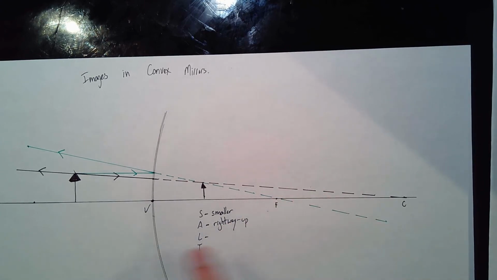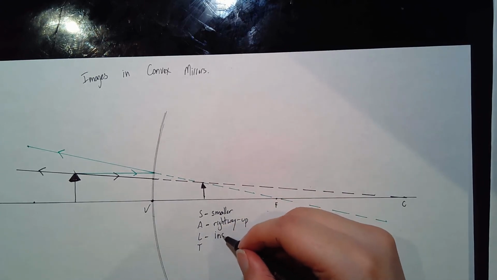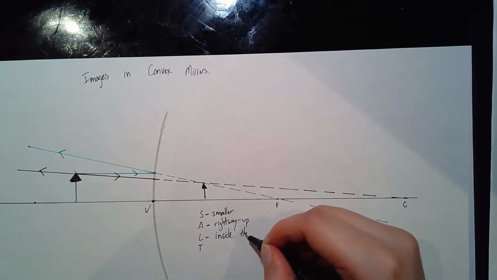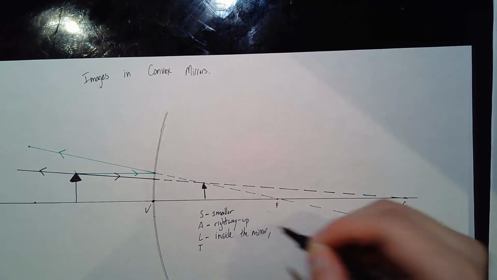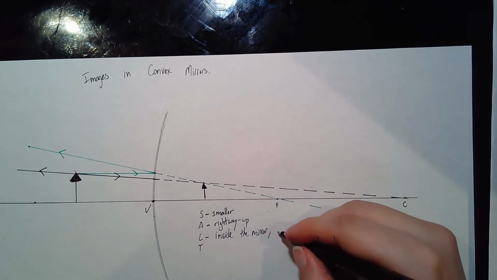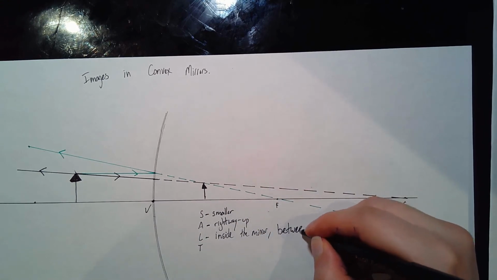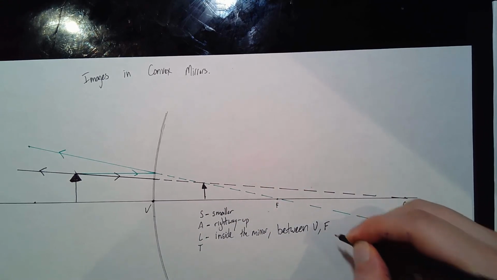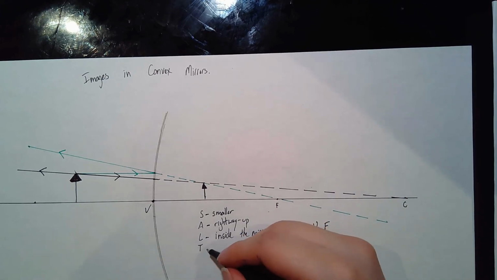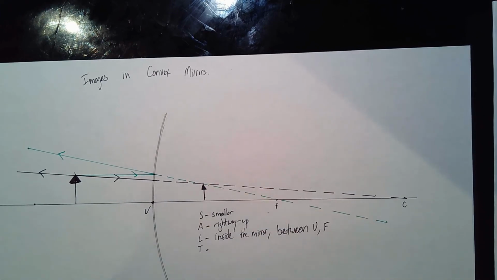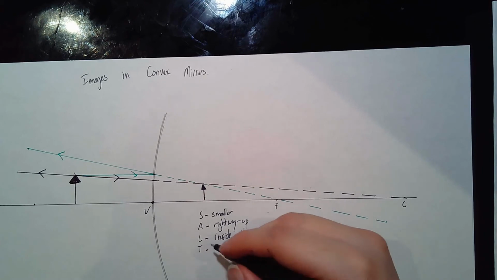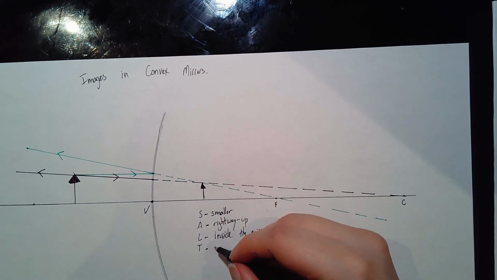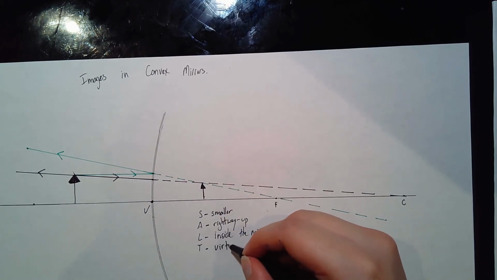The location, it's inside the mirror again, and it is between our vertex and our focal point. And the type, we're making this out of dotted lines. There isn't actually real light rays behind this mirror. And so this is a virtual image.